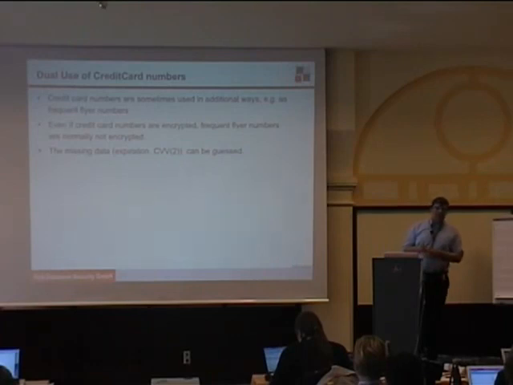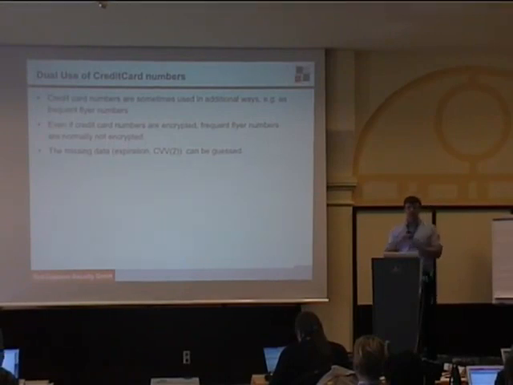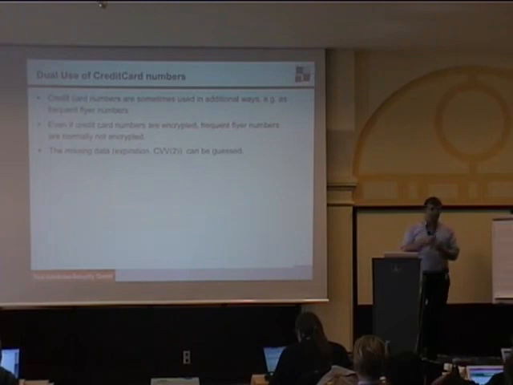Another problem of credit cards is the dual use, because credit cards are used on one hand to pay something. But in many cases, if you are a frequent flyer, these credit card numbers are also your frequent flyer number.